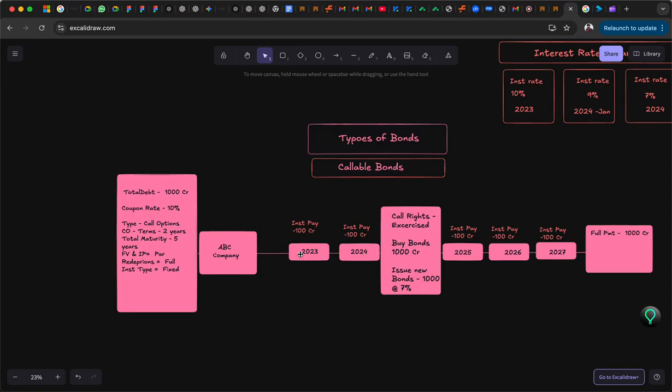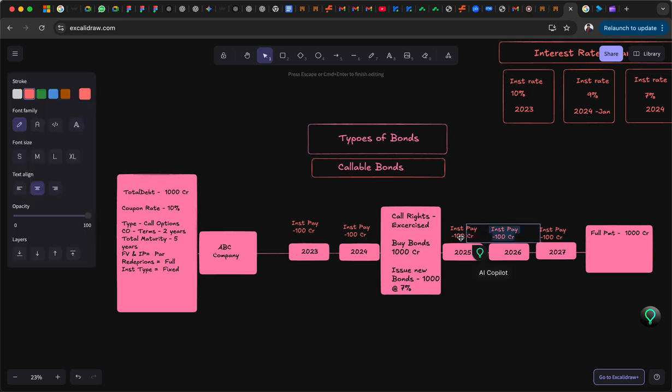So after 2024, your interest liability looks like this: 7% would be 70 crores. So every year you then pay only 70 crores.